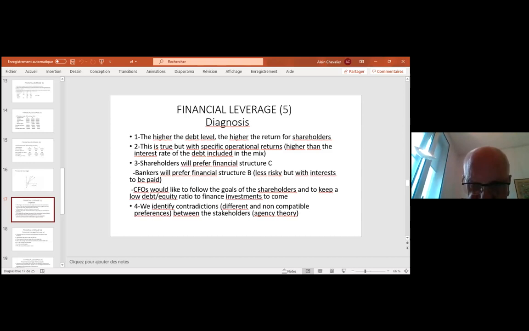But in a more classical case, which you will probably find in real life, you will have to try to find the best solution at the same time for the operational and for the financial leverage.